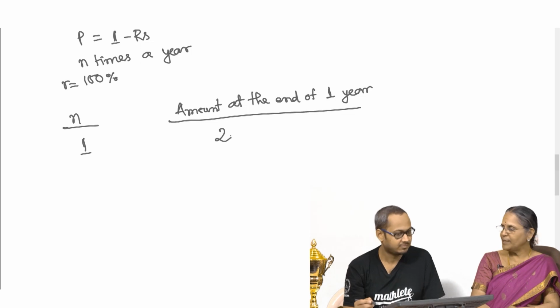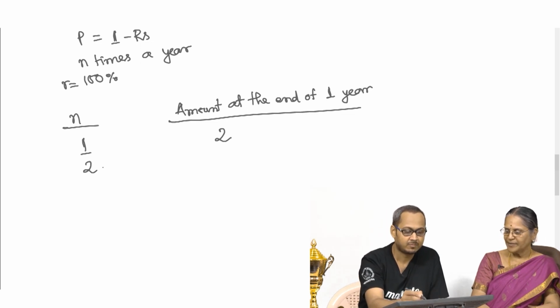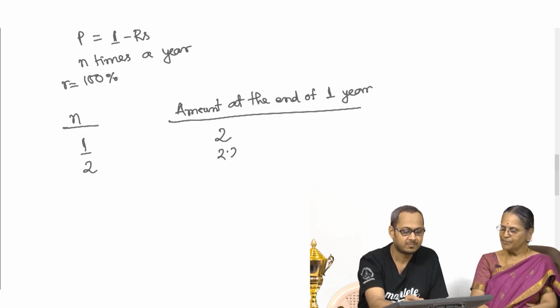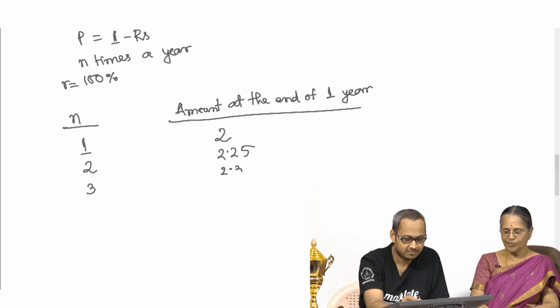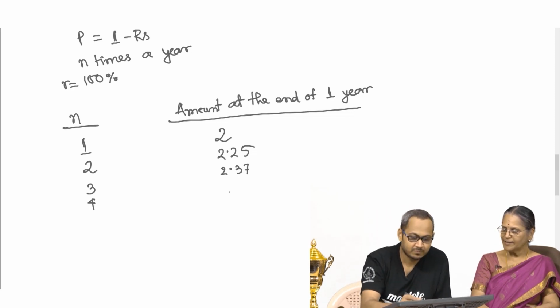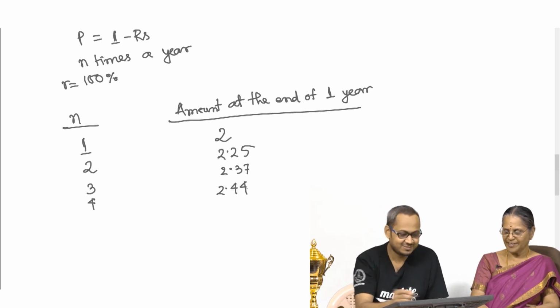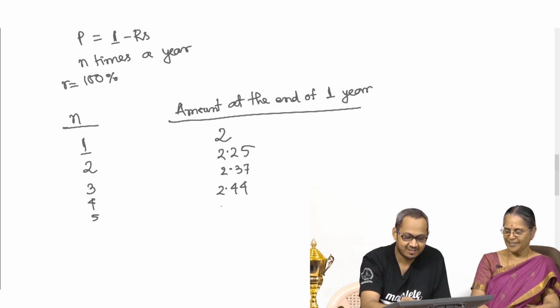Suppose you do it 2 times a year, then 2.25. 3 times a year, 2.37. What about 4 times a year? 2.44. It is not increasing that much. 5, 2.48.